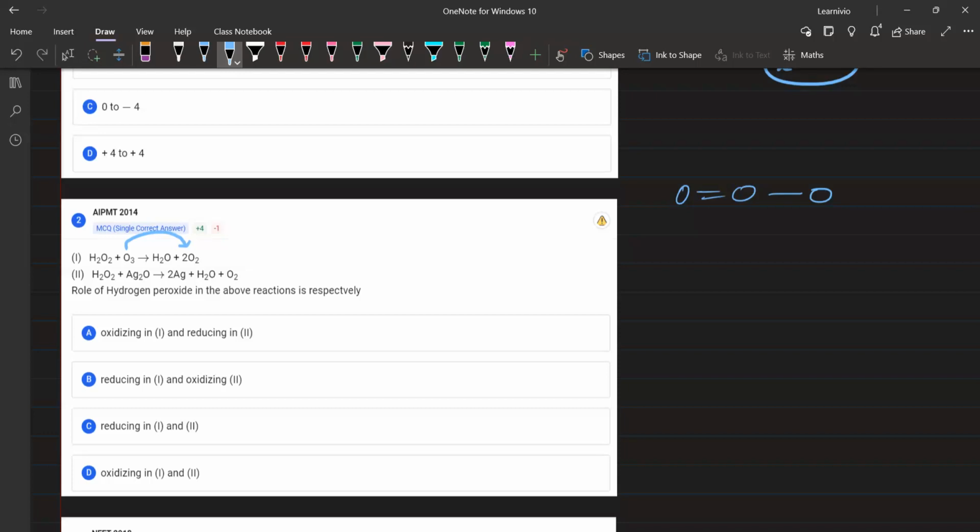यहाँ ये +1, C is 0. ठीक है. What is happening in the second? Second situation में H2O2 is converting Ag2O to Ag. That means Ag को reduce कर रहा है. Reducing agent है यहाँ पे. Here H2O2 will get converted from -1 to -2. ठीक है, तो option A में है.